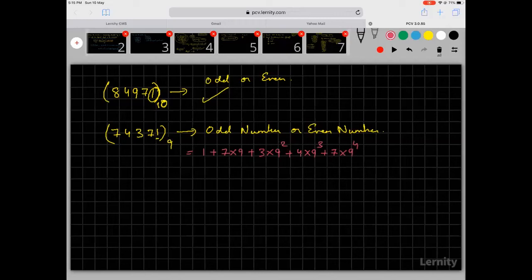Do you see that this is an odd number? This is also an odd number. And this is also an odd number. This is an even number. This is an odd number. So when you add up 4 odds, what will you get? You will get an even number. So do you understand that this is an even number?